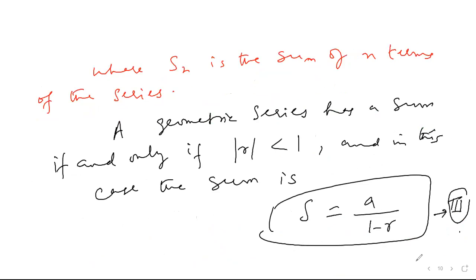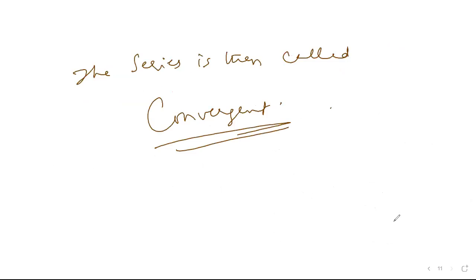And we said a geometric series has a sum if and only if the modulus of the fixed number r is less than 1, and in that case it is simply a by 1 minus r. A is the first term in the series, r is the fixed number, and when it has a sum, the series is called convergent.